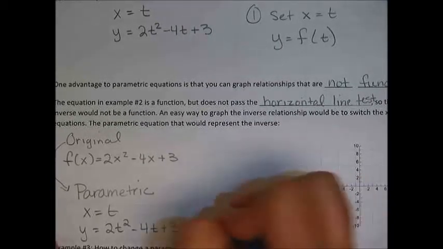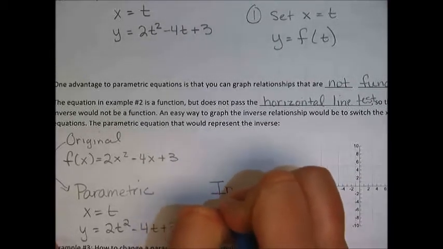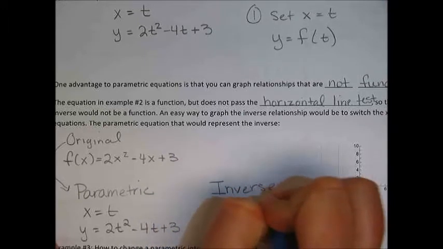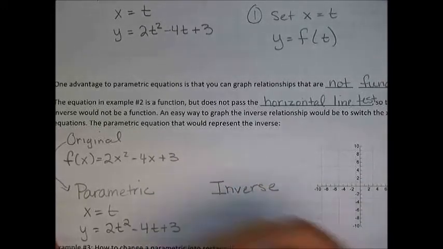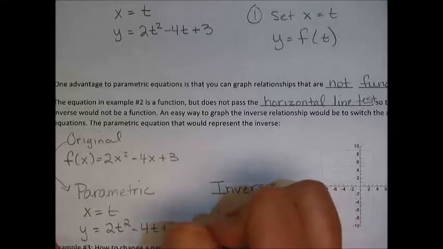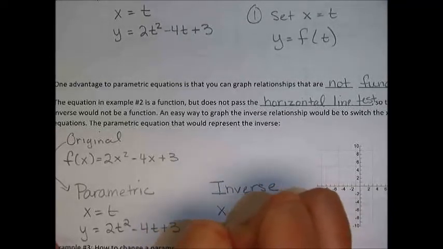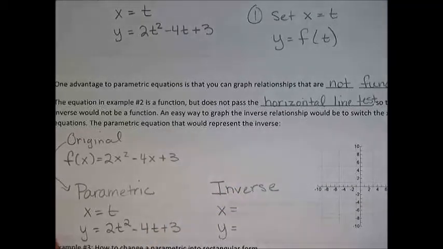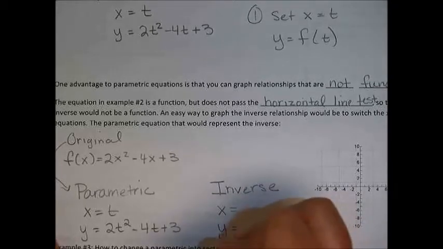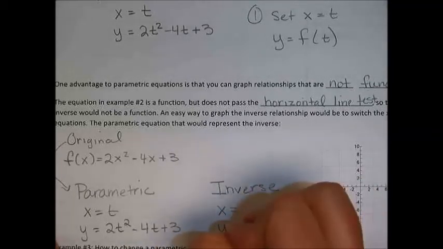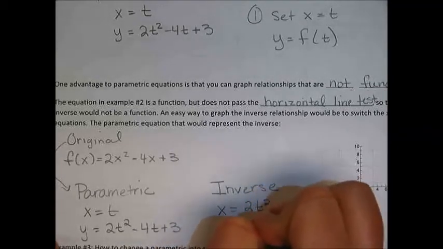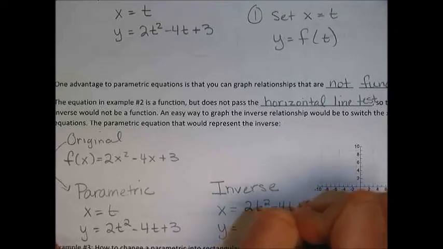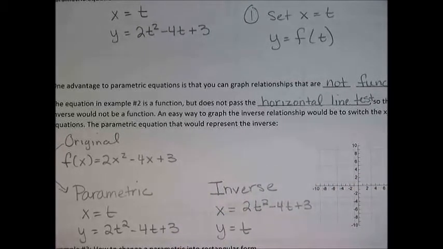If I want to find the inverse, well, when we find inverse, we switch x and y. Well, the nice thing with parametric is I can switch x and y equations, and that will switch my x coordinate and my y coordinate. So if I let the x equation equal the function, and the y equation equal t, that will graph the inverse relation.